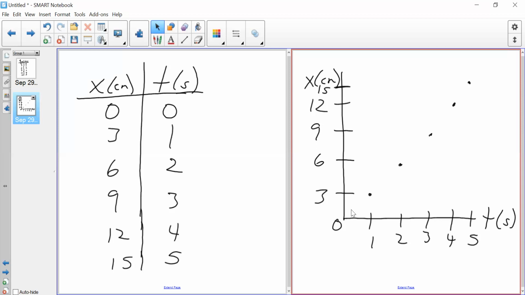And so at this point, we just draw a line of best fit, however you want to designate that. This line here, of course, we can take the slope of this line, and that's going to give us the average velocity.